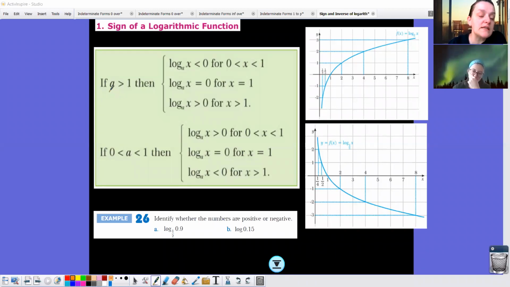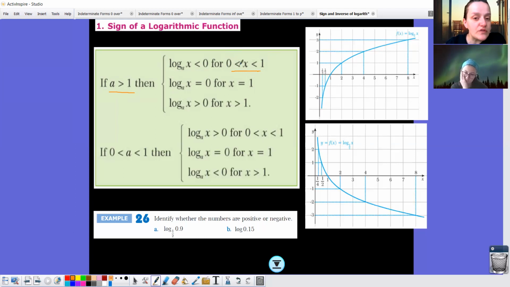If your base is greater than 1, then the logarithm of x to the base a will be negative if x is between 0 and 1, your argument. Firstly, the case starts with the base. If the base is greater than 1, then the sign will change according to the argument, x.